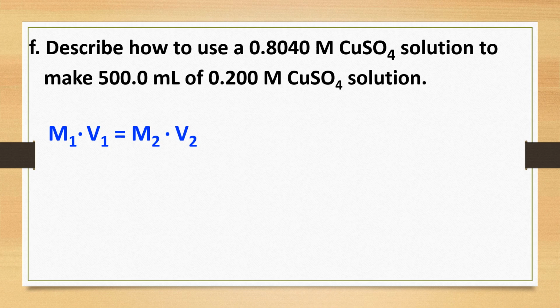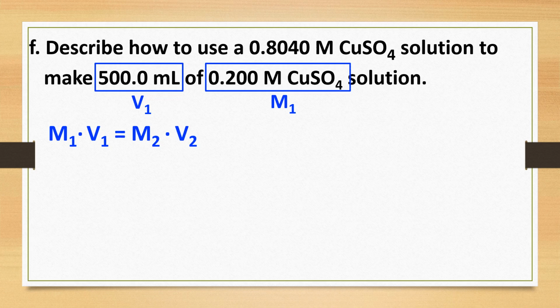You can keep M1, V1 to be the concentrated one or the other, it doesn't really matter, but you have to keep them consistent. So here we go. I'm going to identify our final solution as M1, and our final volume as V1. What we have from the stock solution is also a concentration.